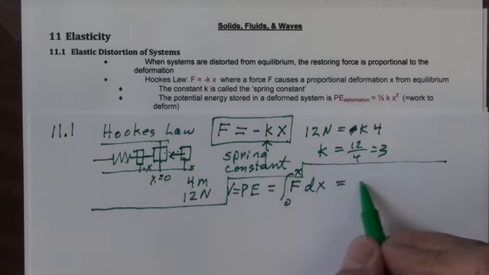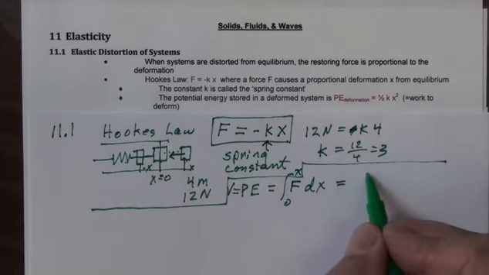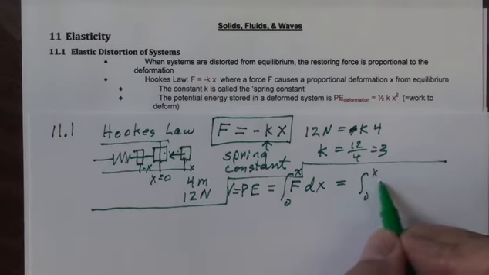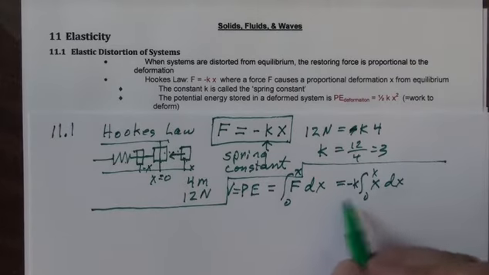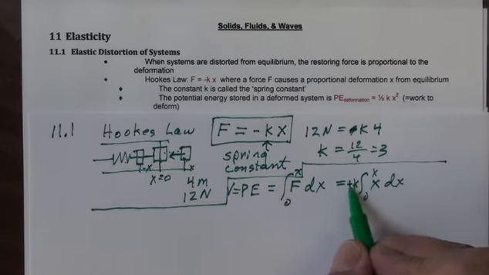And so when we plug that in, we get the integral from 0 to x of the force, which is minus k, and the minus k will come out front, times x dx. Now, we're going to have to push in the opposite direction, so actually the force that we're pushing with is going to be plus.